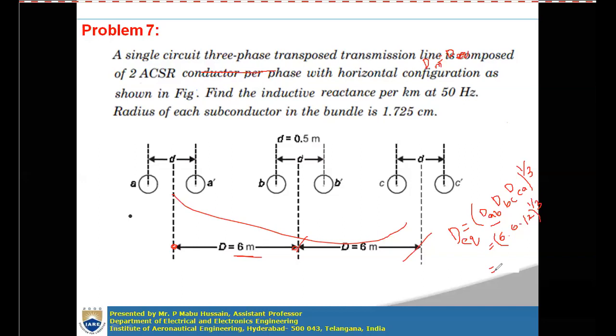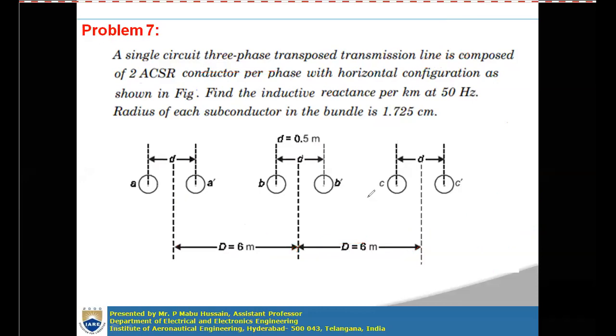what is the value you will get? If you use this formula, you are getting 7.55.